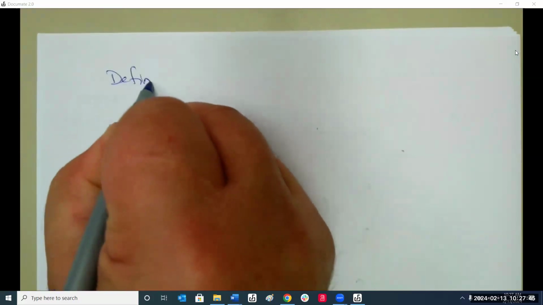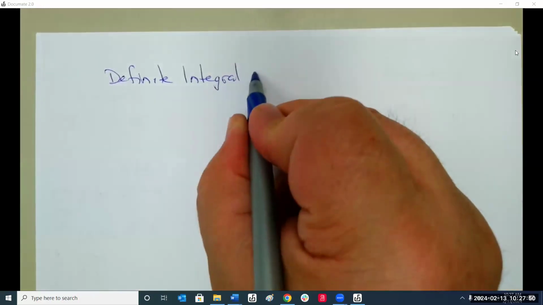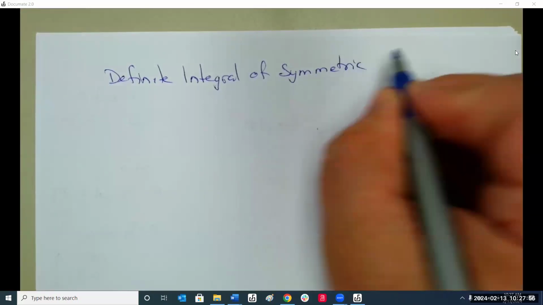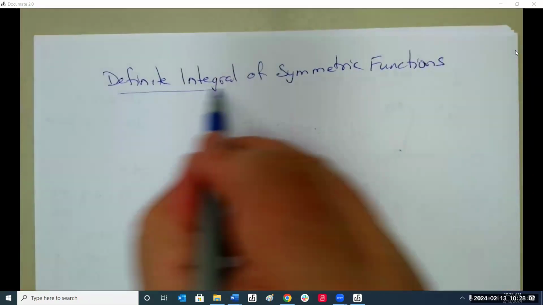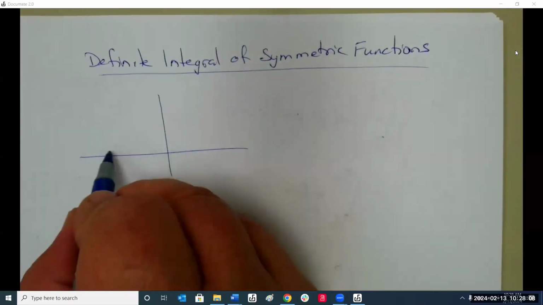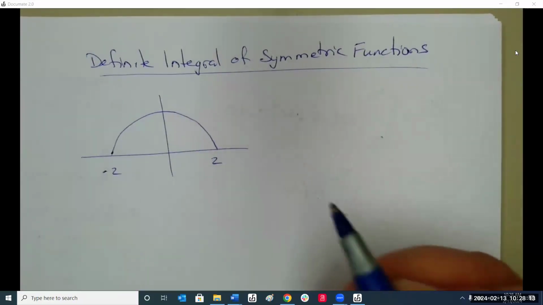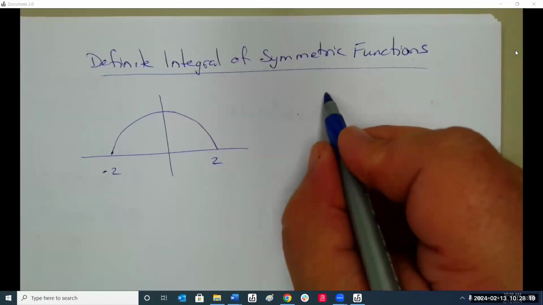All right, now let's look at the definite integral of symmetric functions. By symmetric functions, what if we had a half a circle, or the sine function or cosine function?